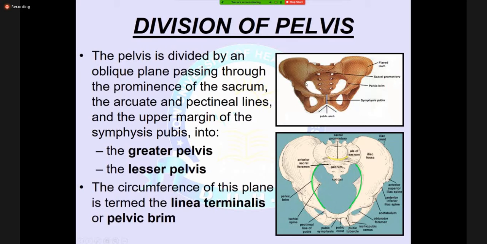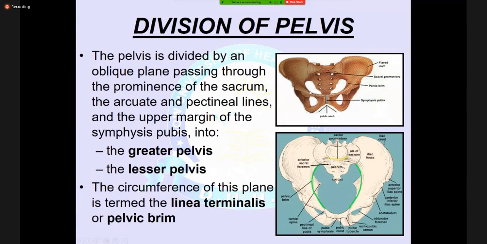This is an oblique line, with this portion having a definite upward tilt and this one a little downwards, this oblique plane passing through the prominence of the sacrum, the most prominent part of the sacrum, coming all the way up to the pectineal line and the arcuate line.